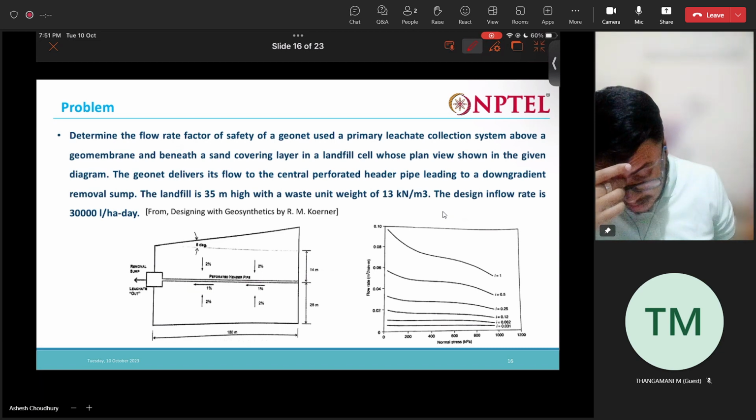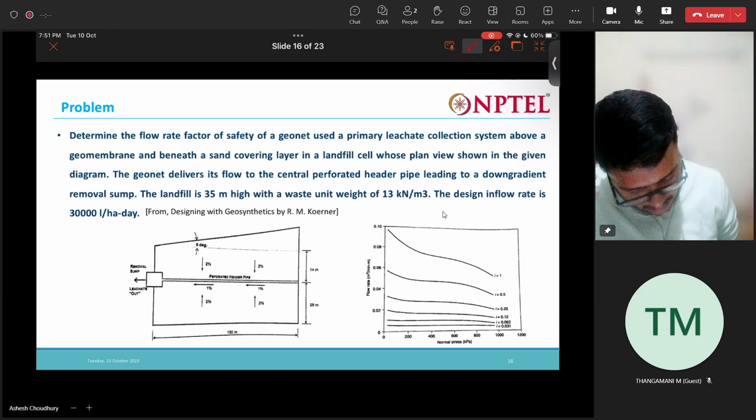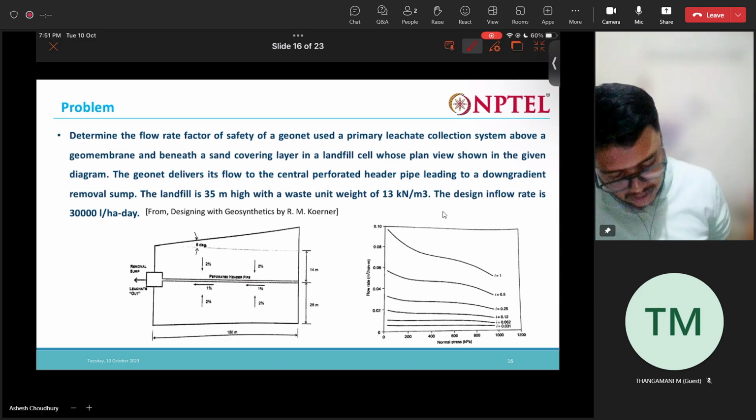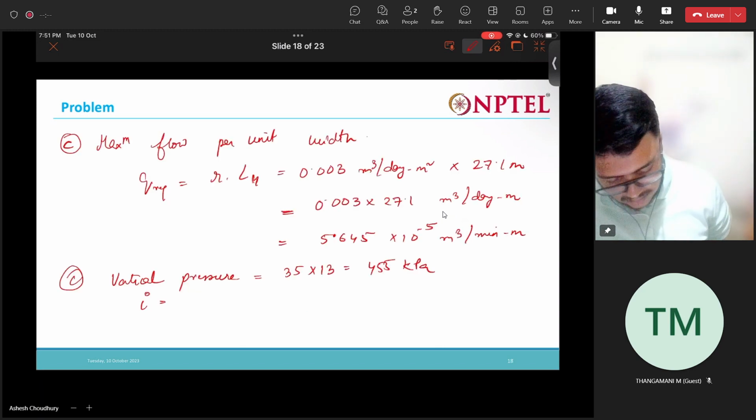Corresponding to 0.02 and 455 approximately, from this graph we can get the Q. We get Q ultimate as 3 meter cube per minute per meter.